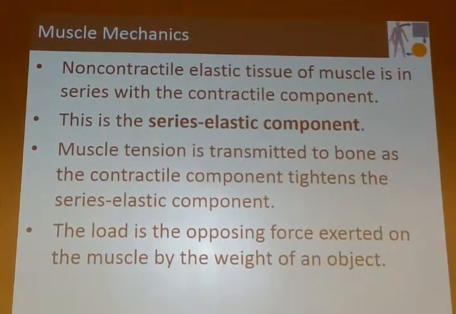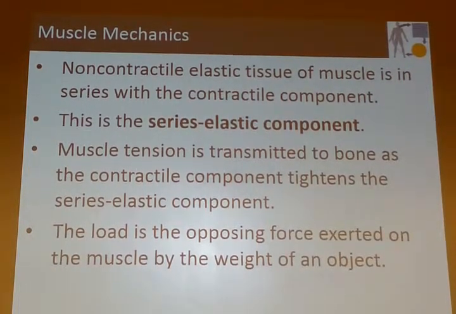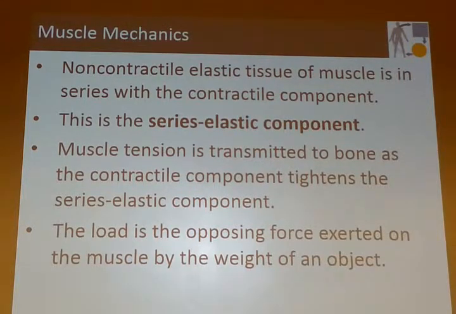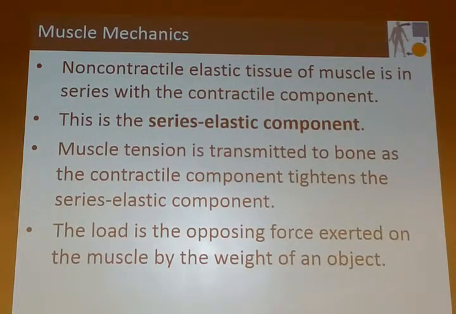If you can generate enough force to move that load, then you'll move into an isotonic contraction, where the external length of the muscle is now visibly changing, and usually we measure that by the change in the joint angle. In isometric contraction, you do have filaments sliding past each other, but until they can exceed the load applied to those muscle fibers, you get no visible change in muscle length.